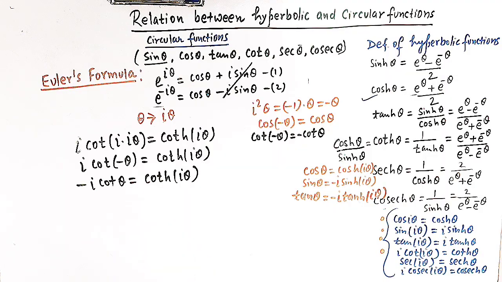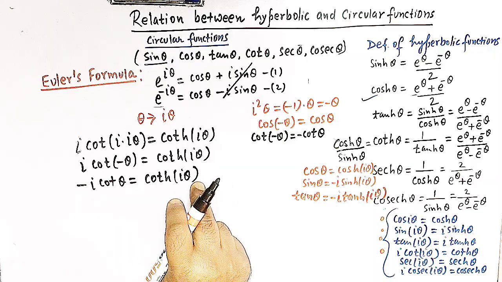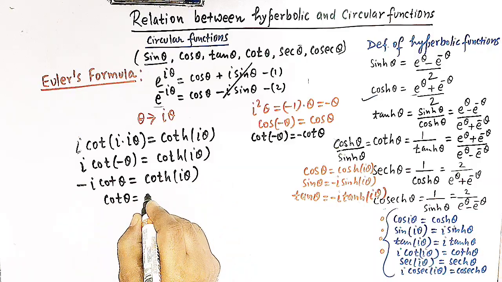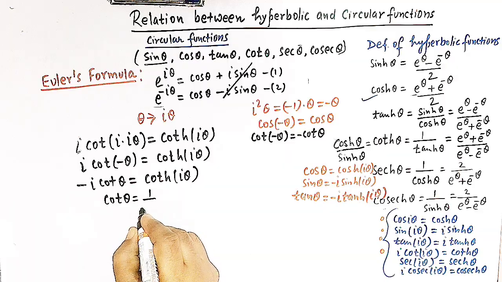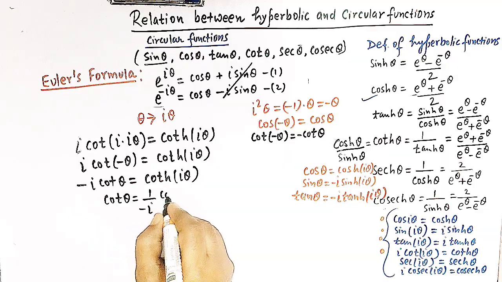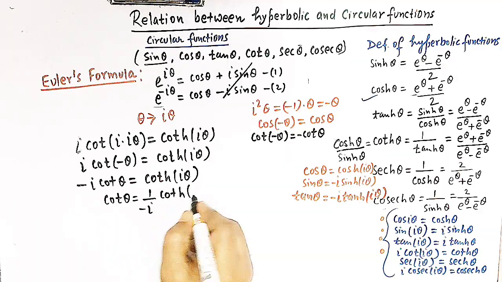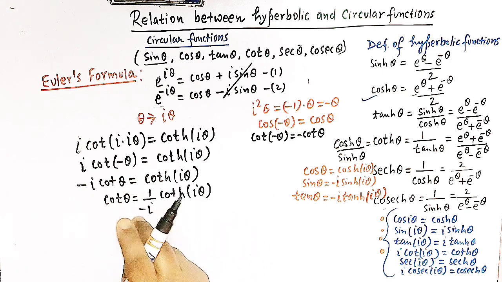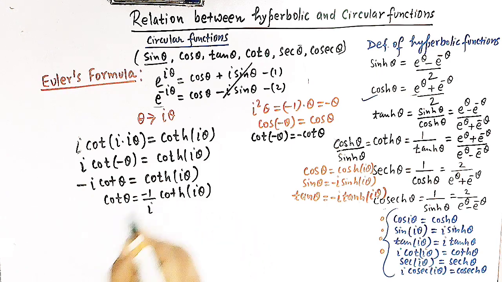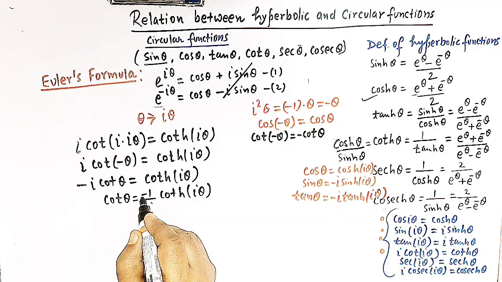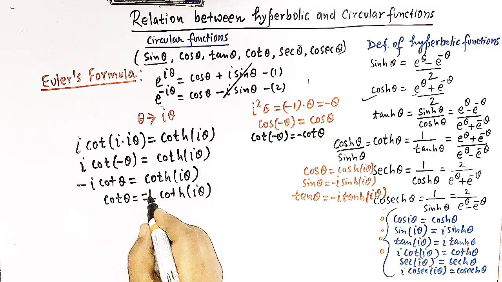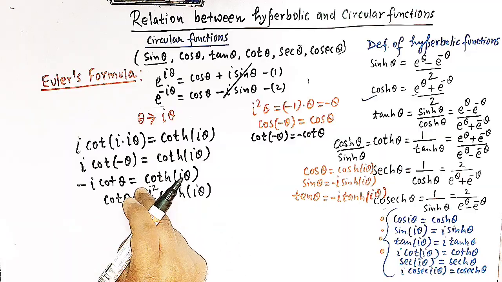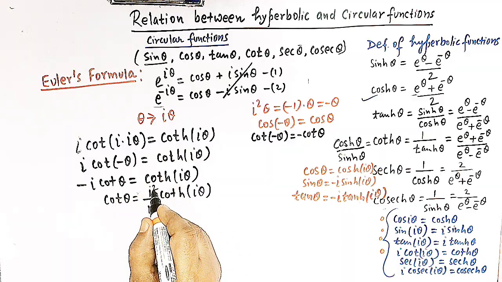We can now write this expression as cot theta equal to 1 over minus i, times coth(iθ). Now taking this negative sign to the numerator, we write negative 1, then we replace this minus 1 by i², right?